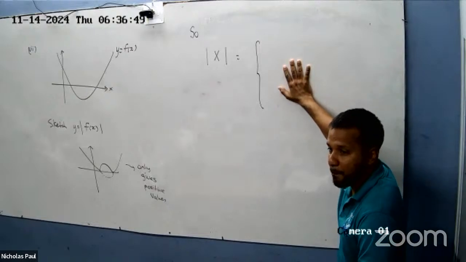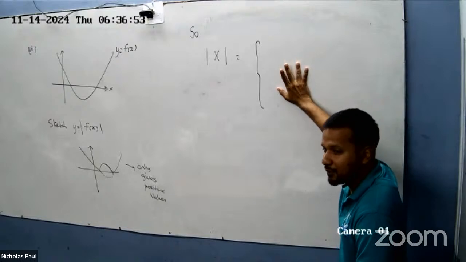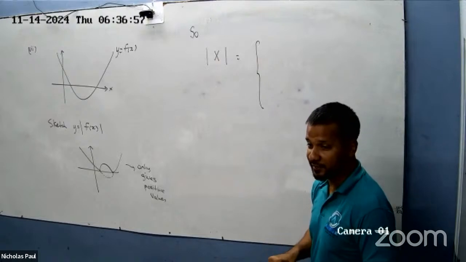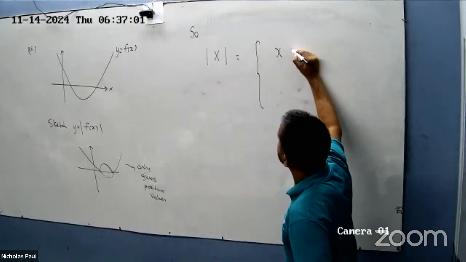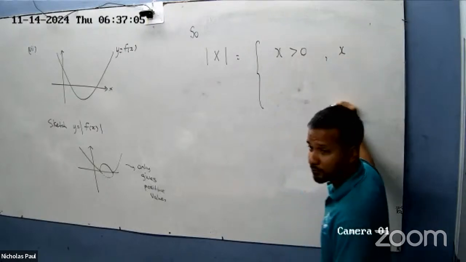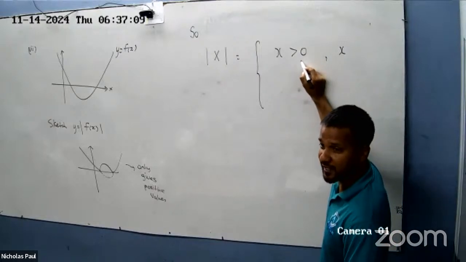What's here, right? So how do we define the modulus of x? The modulus of x, when x is more than 0, is x. Because all these values are more than 0, so we can leave it as x, right?